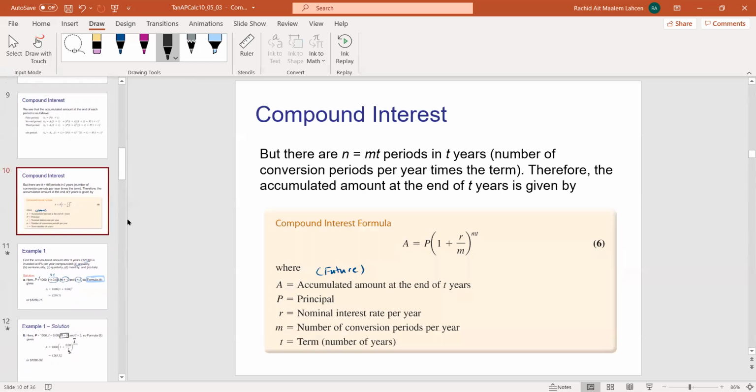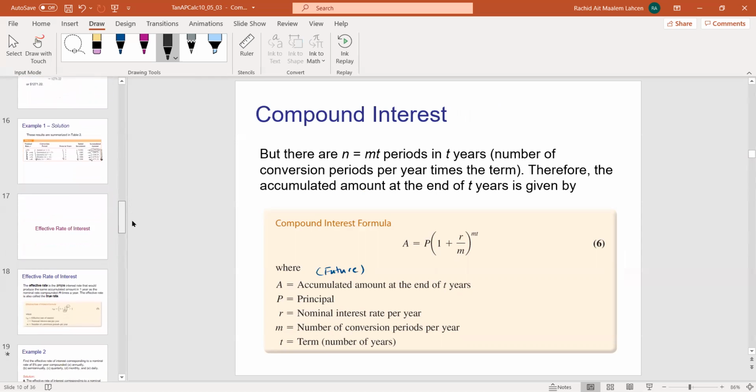So you can use the compound interest formula with the M and the T to find that.